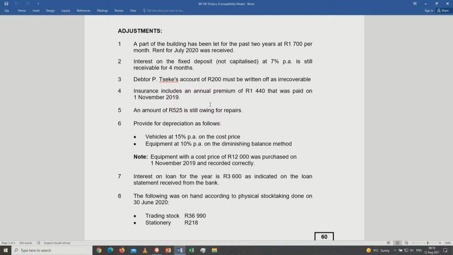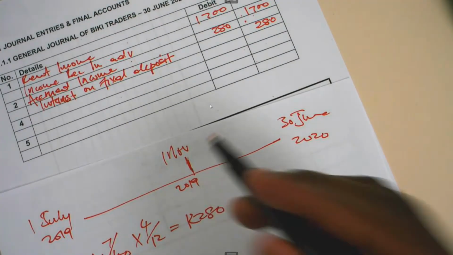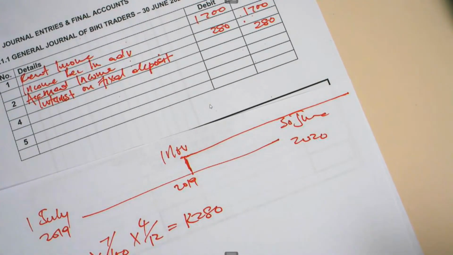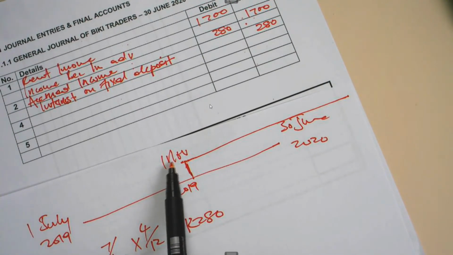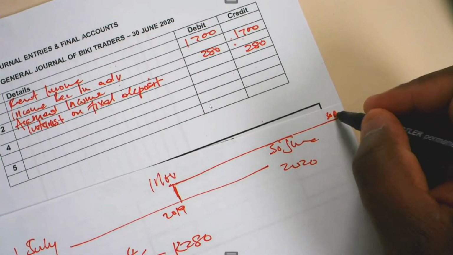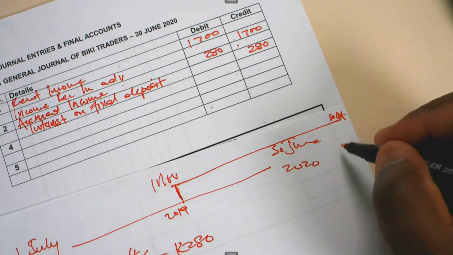It was paid for the whole year, meaning from 1 November up until the end of October, 30th October, 2020.